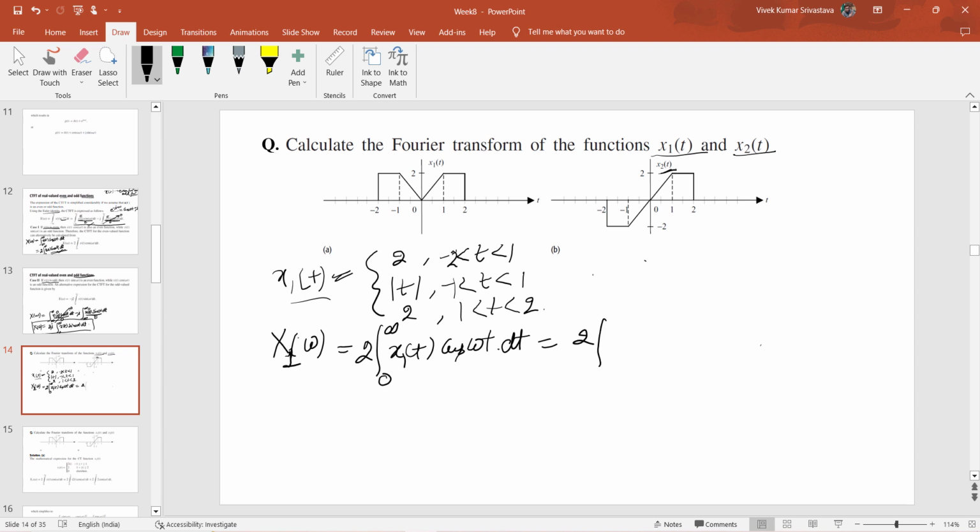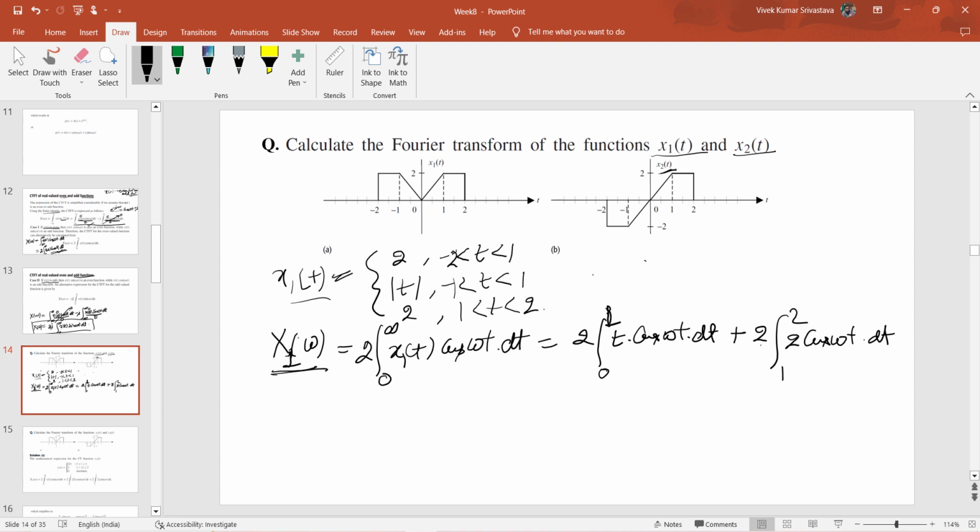So we will get the integral from 0 to 1 of t cos(omega t) dt plus twice the integral from 1 to 2 of cos(omega t) dt. Once we evaluate this expression, we can get the Fourier transform X1(omega).